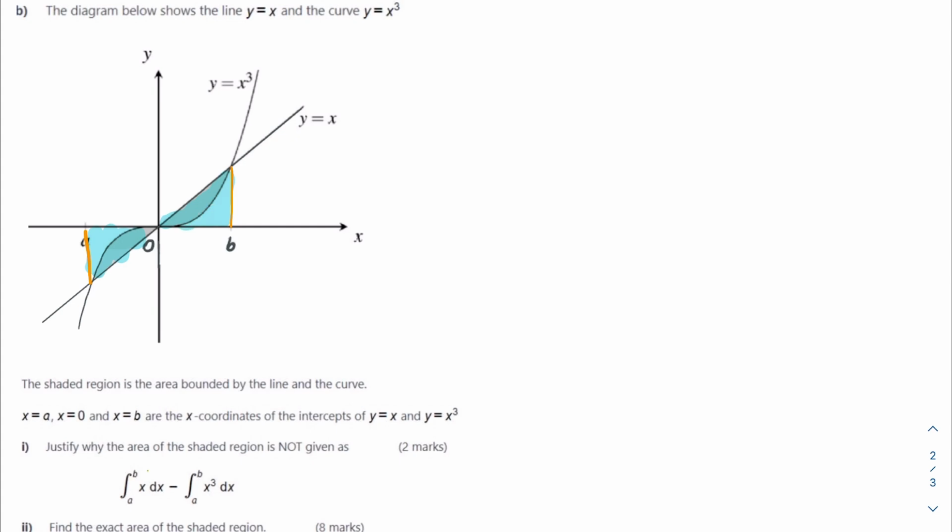Okay, so this is that area. But notice that this part is below the x-axis. So this part is negative, whereas this part above the x-axis is positive. Then what they've done is they've subtracted the area under the cubic function. So the area under the cubic function is the area here.